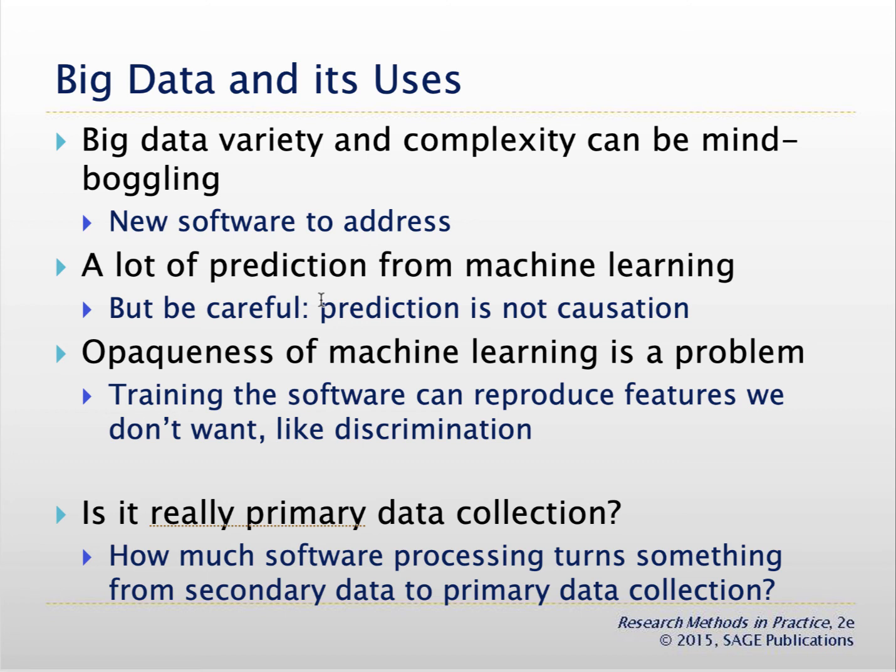Another issue with how big data are gathered or used is, at what point does it stop being secondary data and become primary data collection, where you're programming these bots, these algorithms, to go out and do things and collect data and aggregate it and make choices?